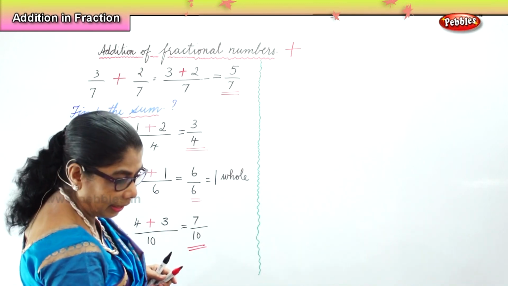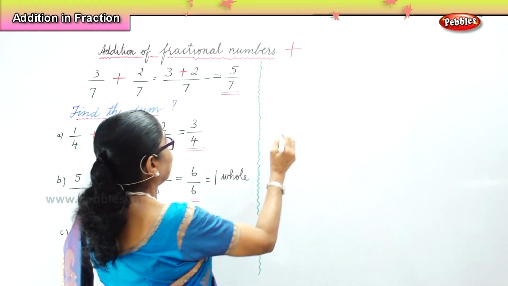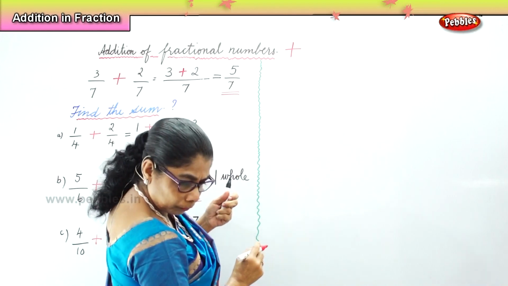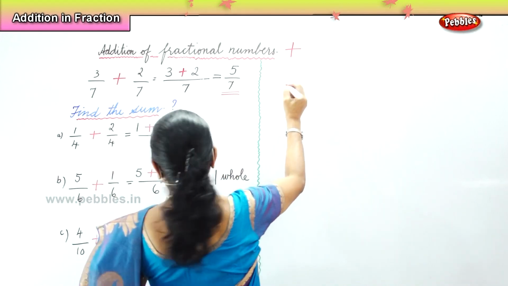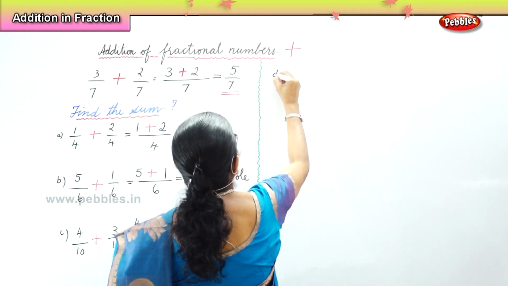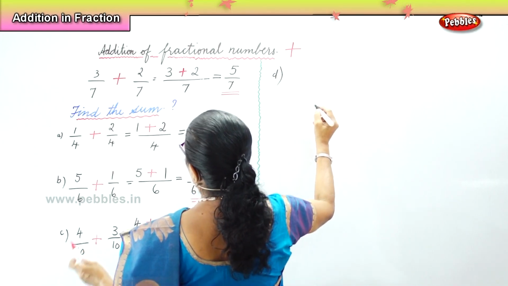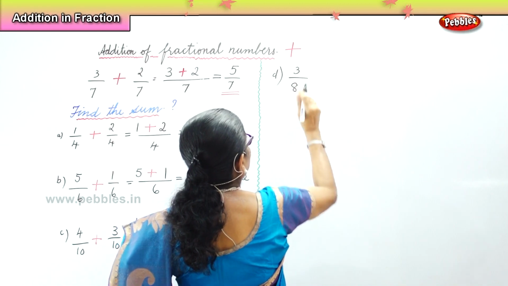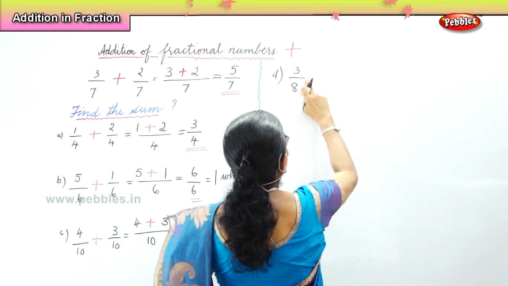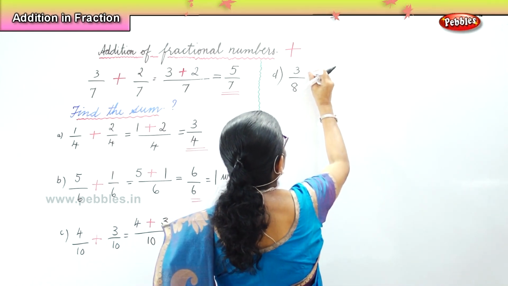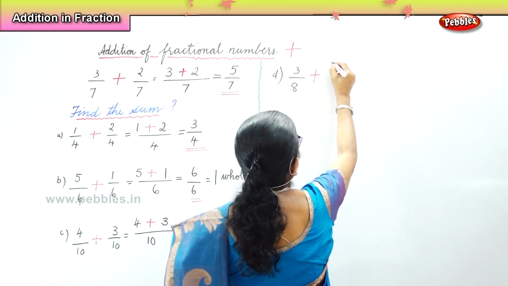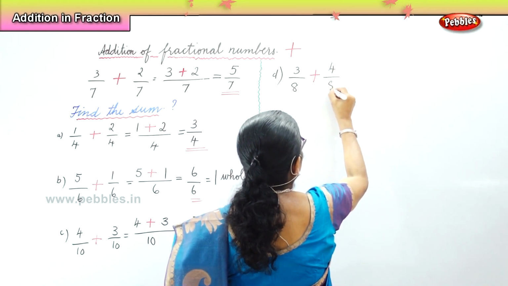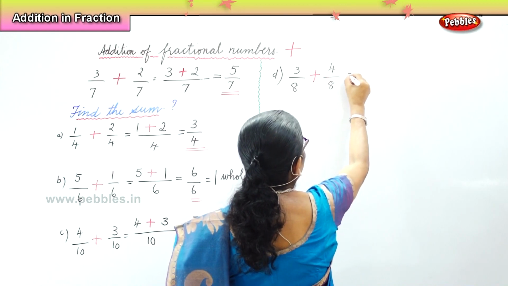The next sum we have 3 by 8 plus 4 by 8. How do we do that?